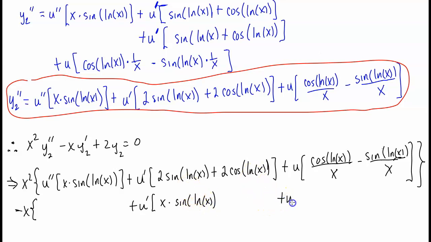And then here we have plus u, and then this is sine of natural log of x plus cosine of natural log of x.